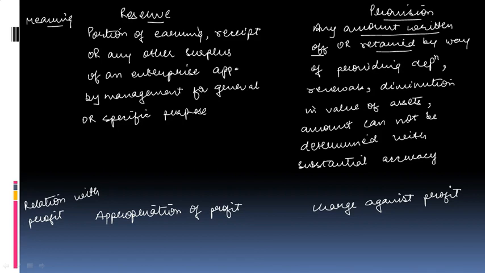Because reserves cannot be created unless you do have a profit, but provisions should be created even if there are no profits. Right? You can also make another point. You can pause.